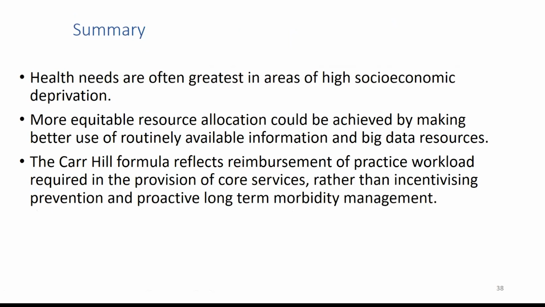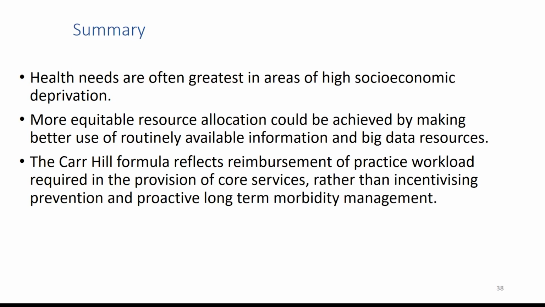So in summary, I've shown, hopefully, that you understand today that health needs are often greatest in areas of high socioeconomic deprivation, that we need a more equitable resource allocation. And this could be achieved by making better use of routinely collected information and big data sets. The Carr-Hill formula reflects reimbursement of practice workload for the provision of core services.